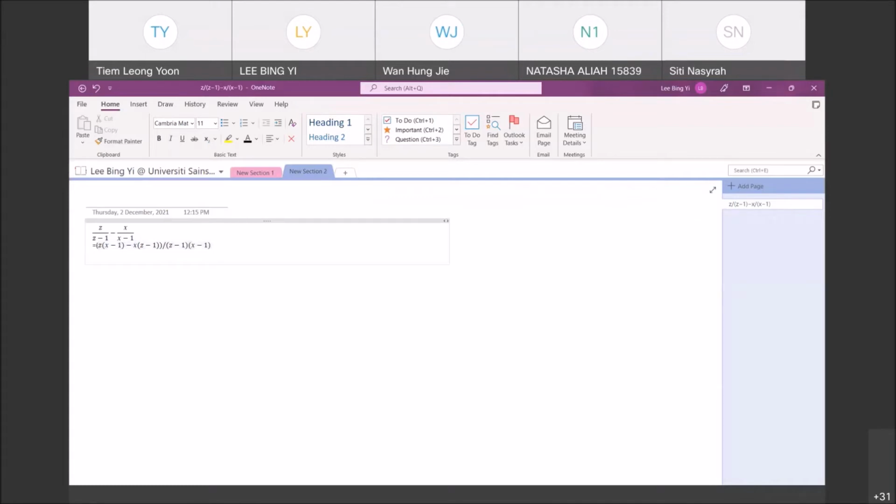And then equal to, you'll find if you do this, if you multiply it in, you'll find zx minus z minus zx plus x over z minus 1, x plus 1, x minus 1. So in the end you get this.